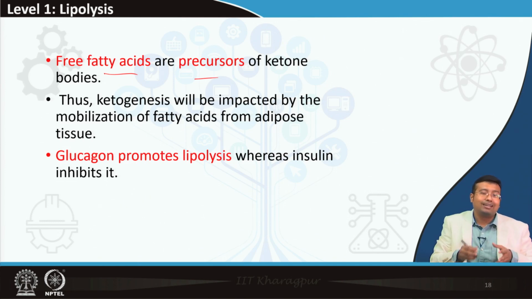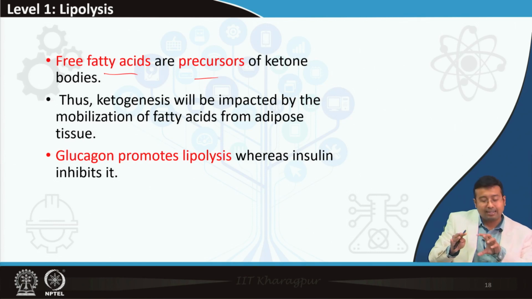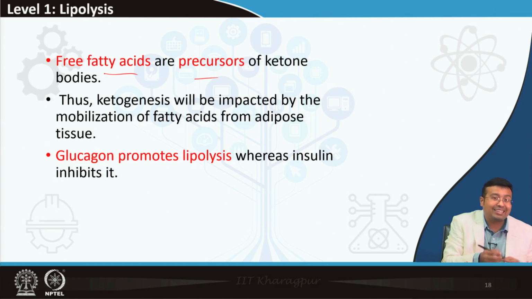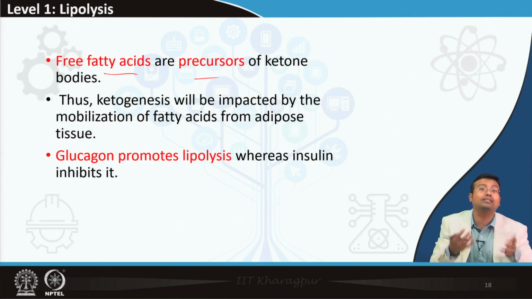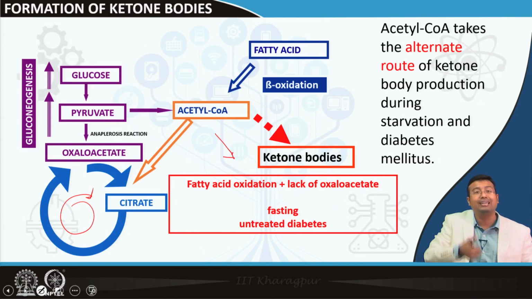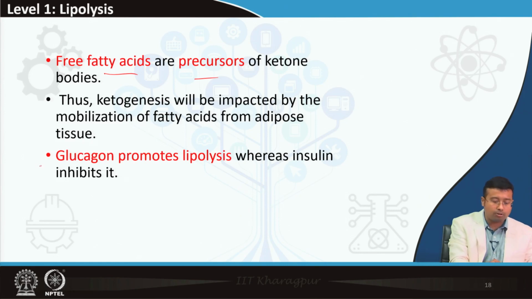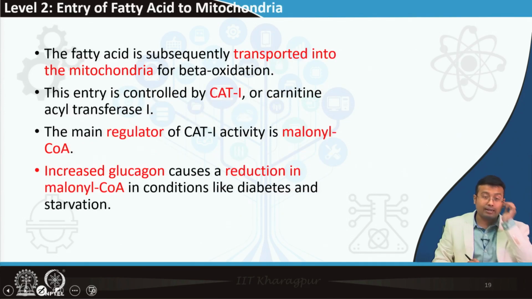If lipolysis is controlled, then ketone body production can be controlled. So, who does that? It is actually done by a balance between insulin and glucagon. Now we are looking at how the body controls ketogenesis. We already discussed the conditions in which ketogenesis can be increased. Now, we are looking at ketone body homeostasis. Glucagon promotes lipolysis whereas insulin inhibits it. So, the body is in perfect balance.